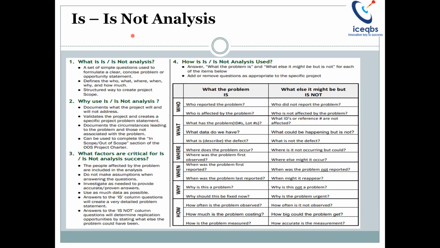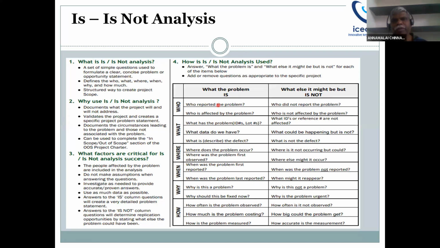So in is/is not, you have to say who reported the problem and who did not report the problem. Say for example, you are producing a particular batch of material and you have sent it to 2 different customers, and only customer A is reporting that there is a problem, but for the same batch of material, customer B is not reporting the problem.